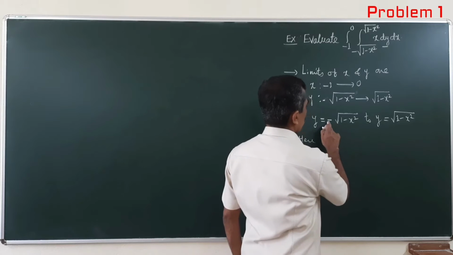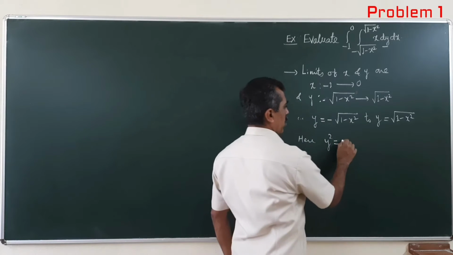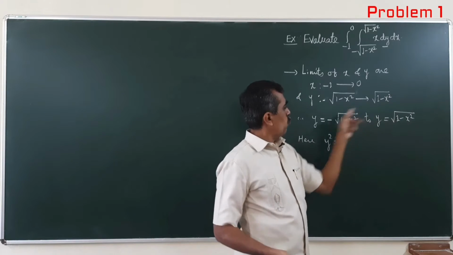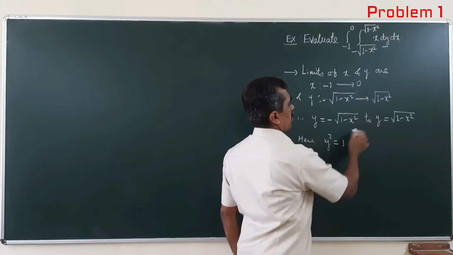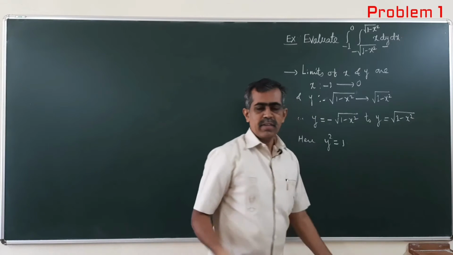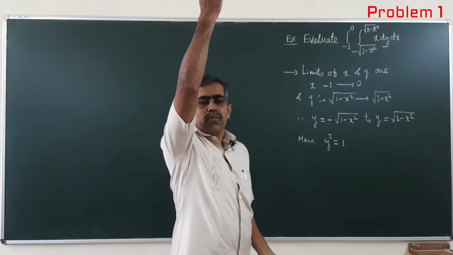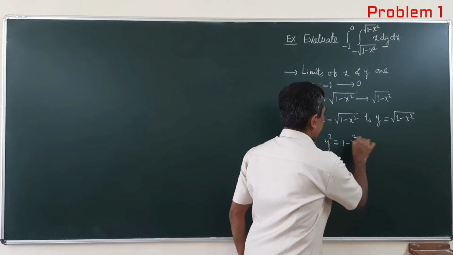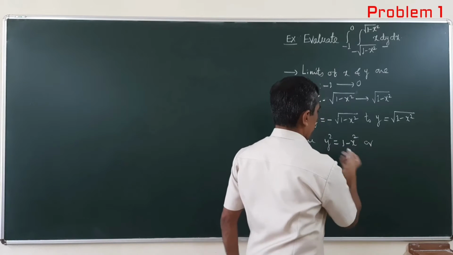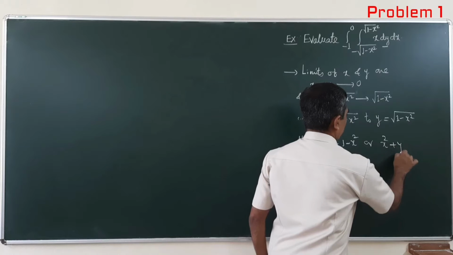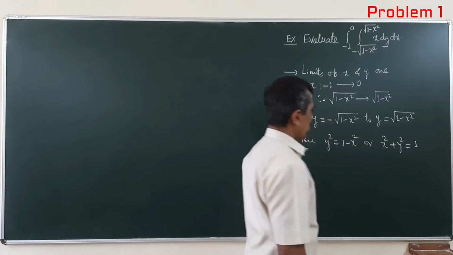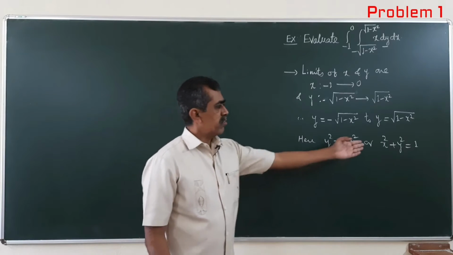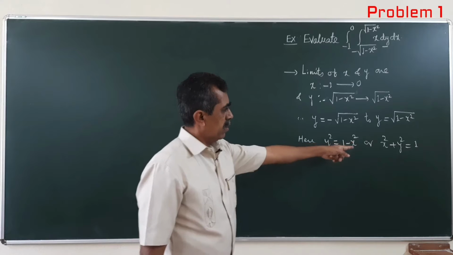So y² equals this. If you square it, the minus sign will go out, and the root will also go out. You either square this or this, because the quantity is the same and they differ only in the minus sign. y runs from below the x-axis to above the x-axis. So y² = 1 - x², or simplifying, x² + y² = 1, which is nothing but a circle with center at the origin and radius 1.